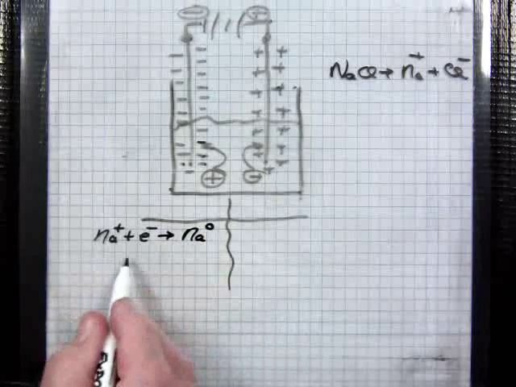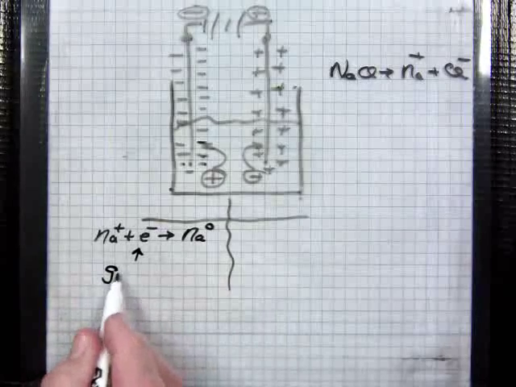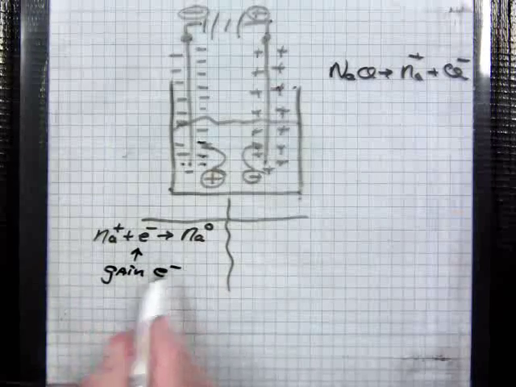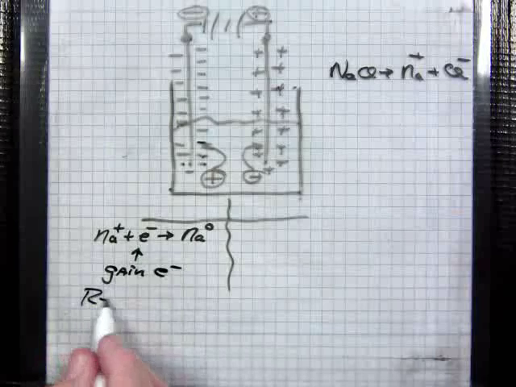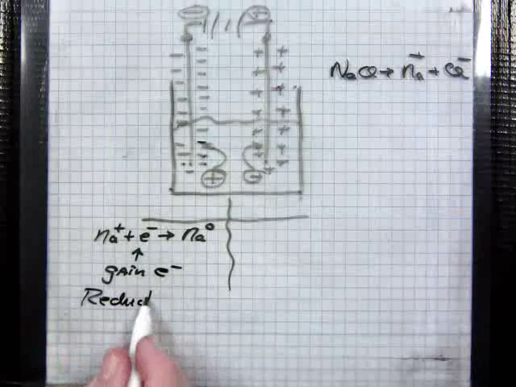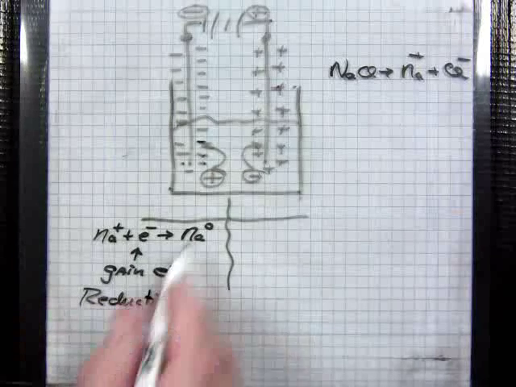So the sodium would gain an electron and go to sodium metal, to the basic standard state. And since this is a gain of electron, that is reduction.